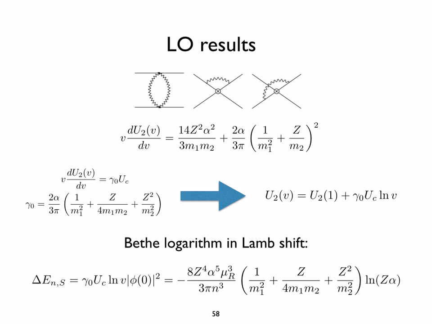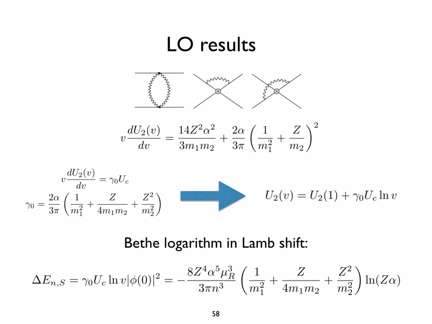The interesting thing about this result is that at leading order, alpha to the fifth, we have only a contribution from log but not log squared or log to the third, so it's proven that our log series terminates.